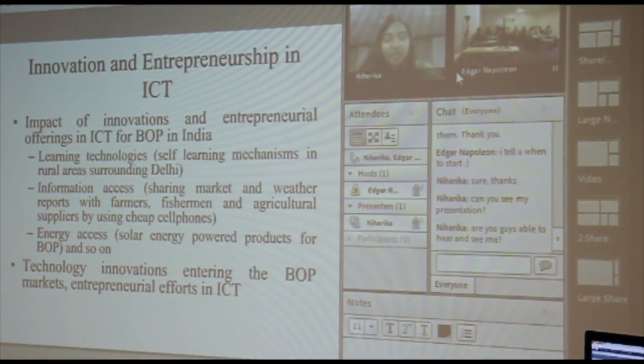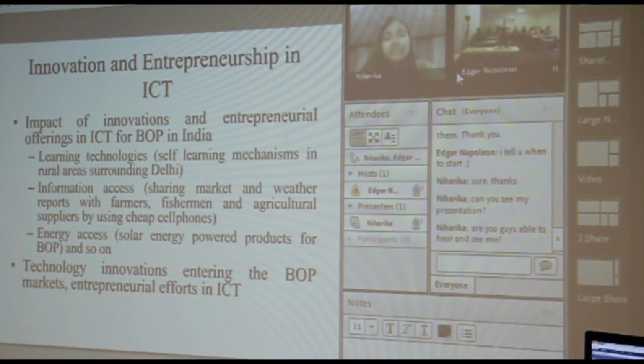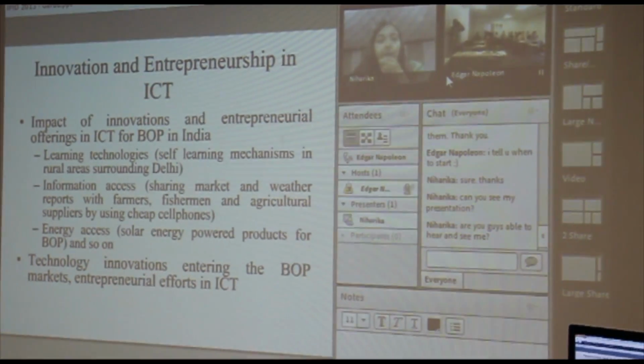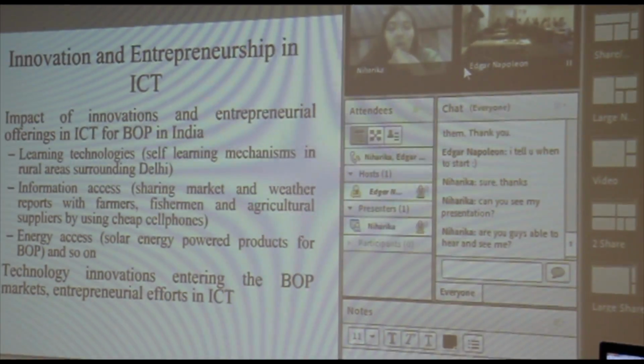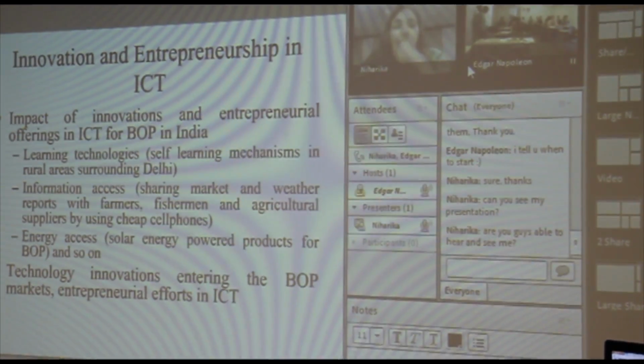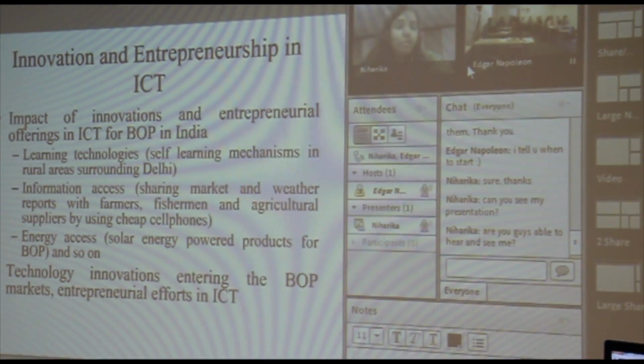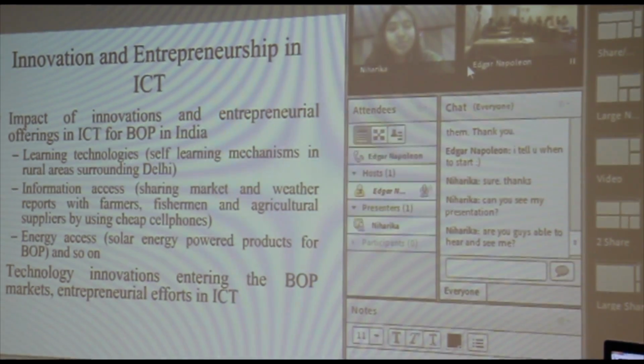So a lot of these learning technologies, these hole-in-the-wall experiments, gave rise to a lot of research on self-learning mechanisms and learning technologies which could be used at the bottom of the pyramid. So that's one of the things that we are seeing, that in ICT, people are able to not just use the technologies for learning, but they are also able to develop their own mechanisms to get the information on their own, and all they need is very cheap hardware and software resources for that.